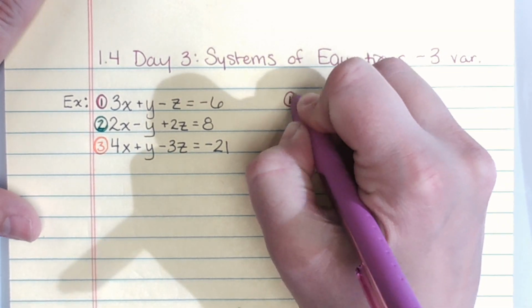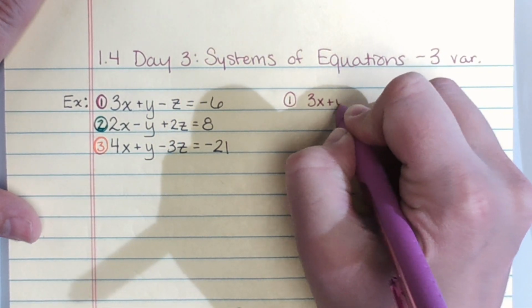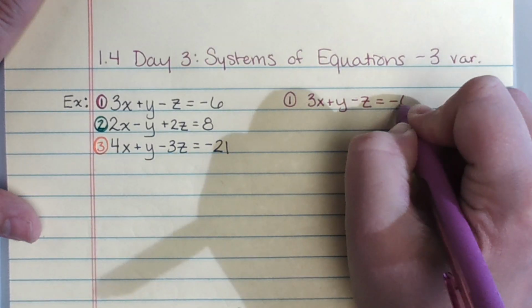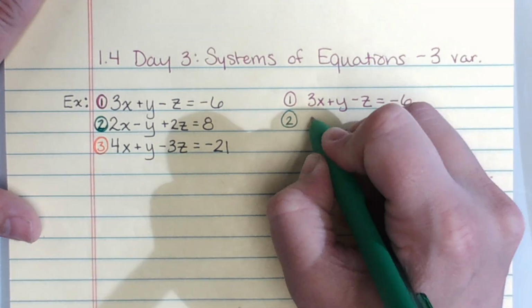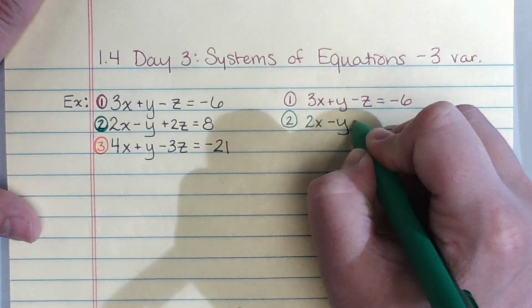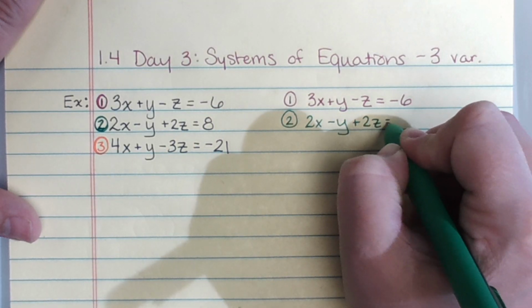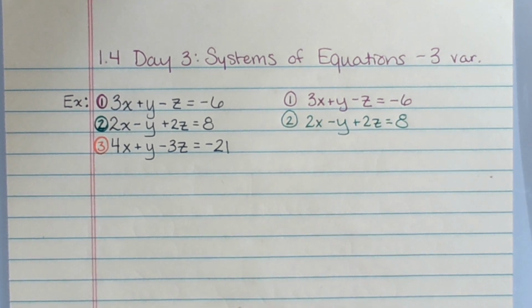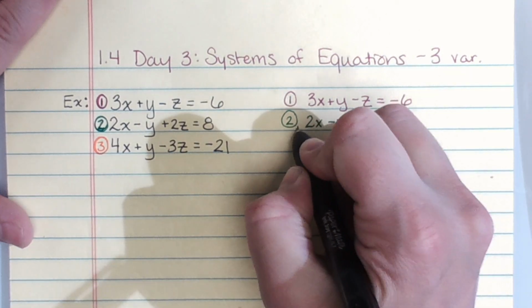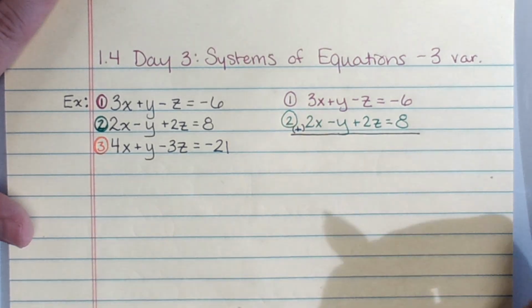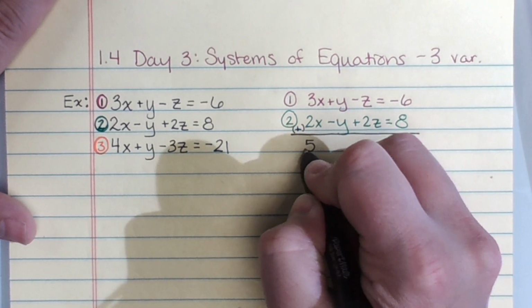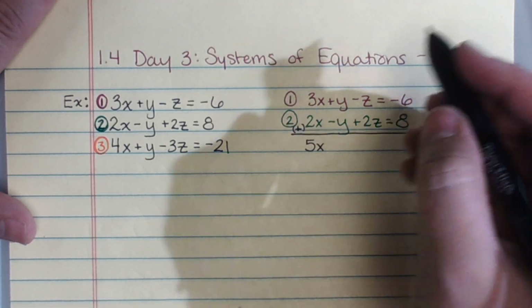So, I take equation 1, and I take equation 2. Because they already have that opposite coefficient on y, I can go directly to the adding. 3x plus 2x, 5x, y plus negative y, 0.